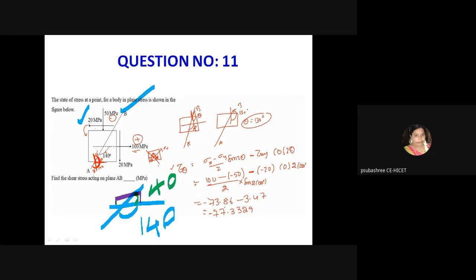So 90 minus 40 is 50. So total 180, then 180 minus 50, so theta is 130. Okay, this point.